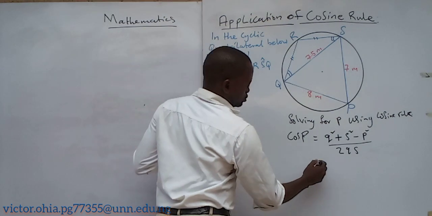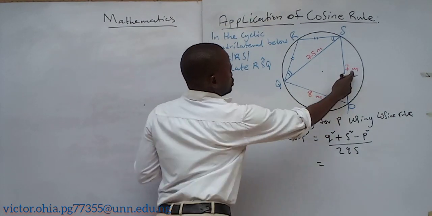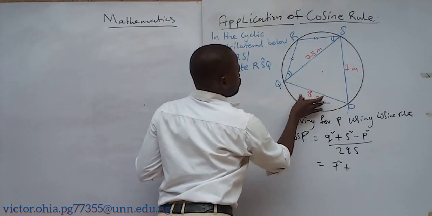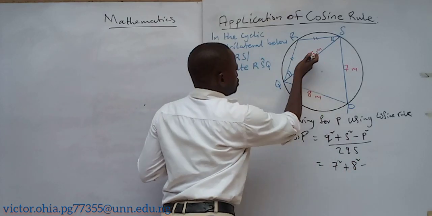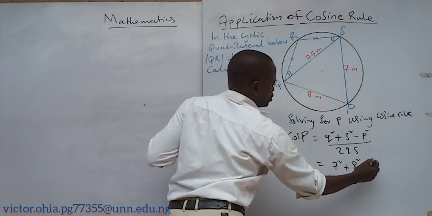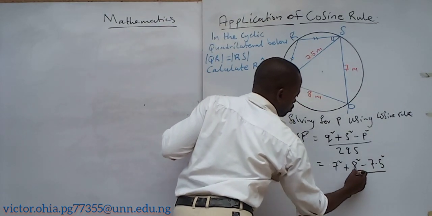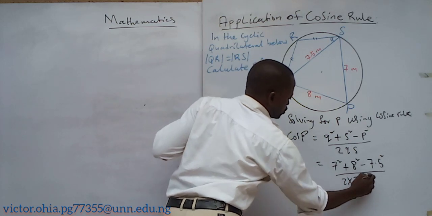So that is it. This will be equal to q is 7 squared plus s, the side facing x, is 8, minus the small letter p, which is 7.5 squared, all over 2 times 7 times 8.